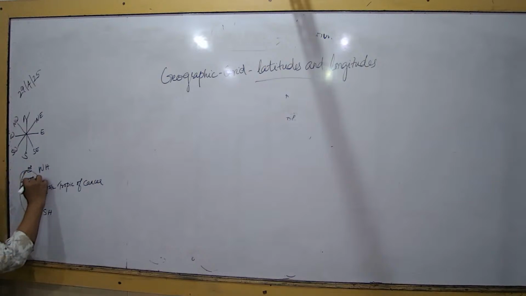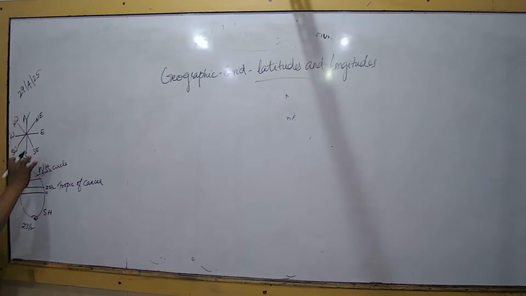This part is called the Arctic Circle. The Arctic Circle is near the North Pole, exactly above this part. This part is the North Pole. This part is the South Pole.